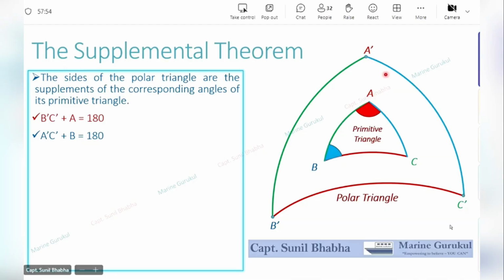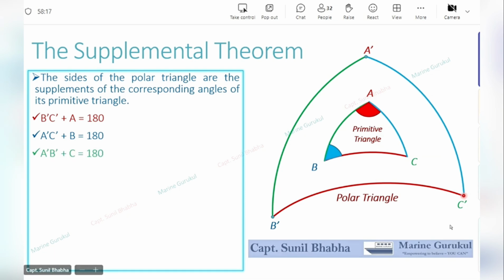So side A'C' of the polar triangle plus the corresponding angle of the primitive triangle, which is angle B, add up to a total of 180 degrees. So if we know angle B of the primitive triangle, 180 minus angle B will give us A'C', or the corresponding side of the polar triangle.